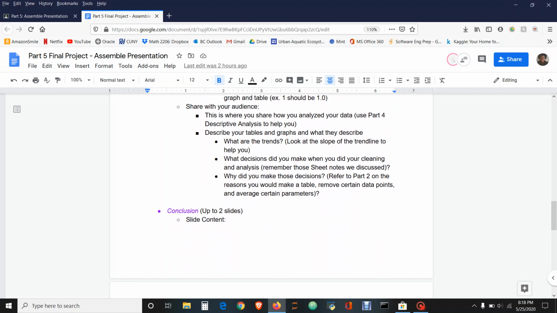Okay, so what to share with your audience? This is where you share how you analyzed your data. So this is why I emphasize both during the cleaning as well as the analyzing: make sure you make notes of what you did and why you did it, because then it makes it easier to share that, because you have to share it. So you have to describe your tables, your graphs.